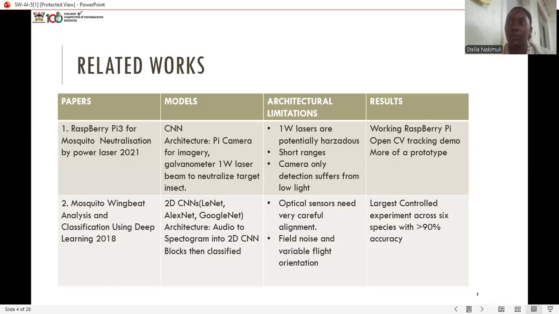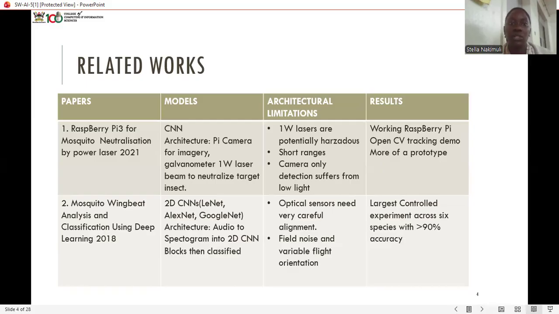So there was a problem of low light. On the results, the model worked on a tracking demo and more prototypes. So that's one paper.